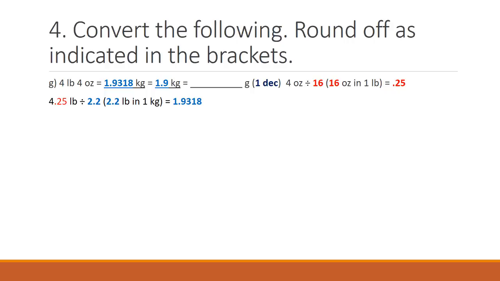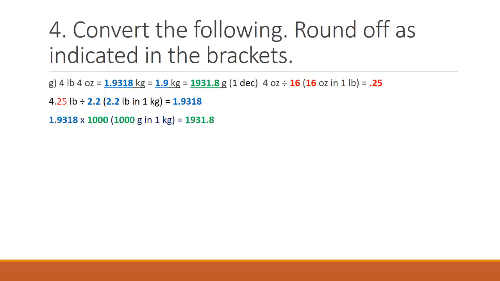kilograms. Now we need to take that same 4 pounds, 4 ounces and convert it into grams. I am going to take the unrounded kilogram answer that we calculated, 1.9318 kilograms, and multiply it by 1,000, the amount of grams in a kilogram, and I get 1,931.8 grams, and that's already rounded to one decimal place, so there's one answer.